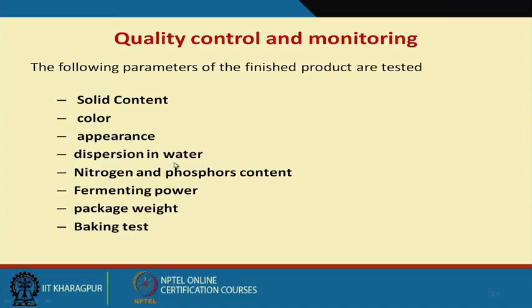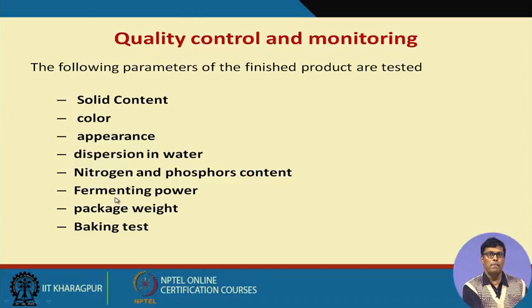So, naturally, unless your raw material quality is maintained and process control is maintained, you cannot expect better quality of product. So, this is done on the basis of solid content, color, appearance, dispersion in water, which I already mentioned, and nitrogen and phosphorus content.